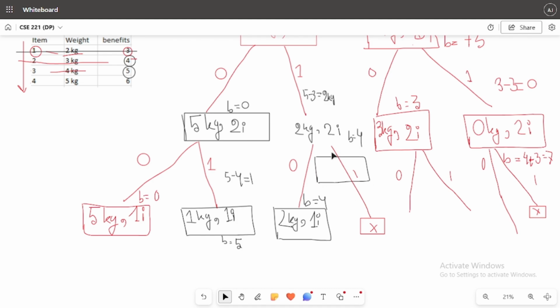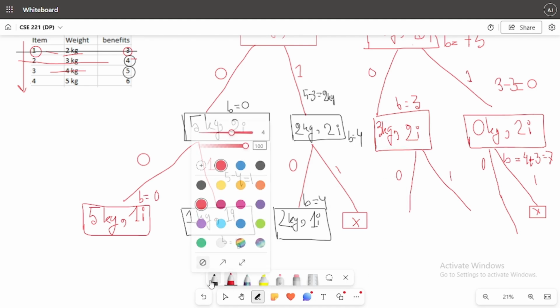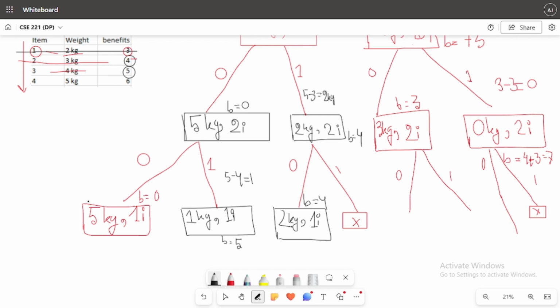Okay, now for 3 kg and 2 items, we are not picking any item now, so it will remain the same, 3 kg 1 item.